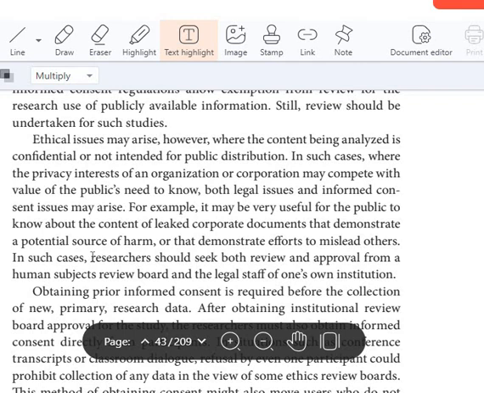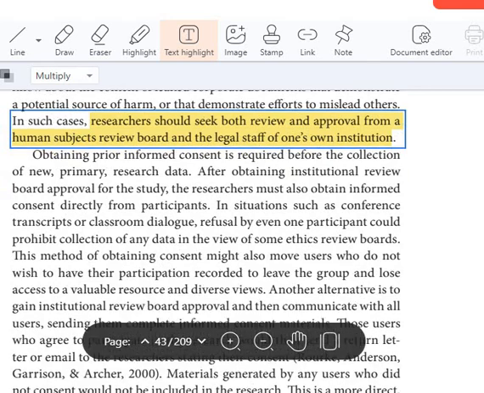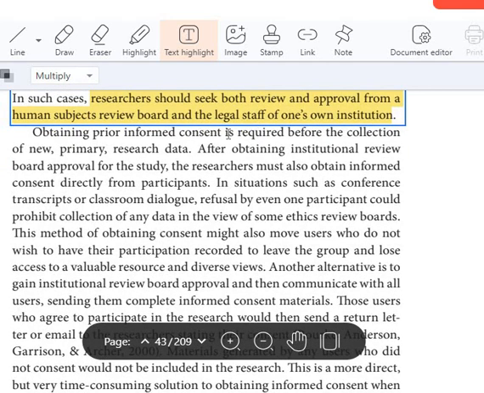Researchers should seek both review and approval from a human subjects review board and the legal staff of one's own institution. Obtaining prior informed consent is required before the collection of new primary research data. So before collecting your data for research, you should obtain the prior informed consent of participants.